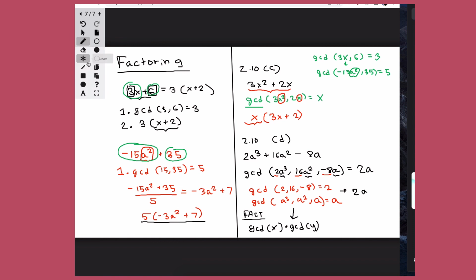Okay, so this sounds a little bit complicated, but all we're doing is we're pulling out the biggest term that divides every single number in the parentheses. So once we do that, we can divide this by 2a to get a squared plus 8a minus 4.